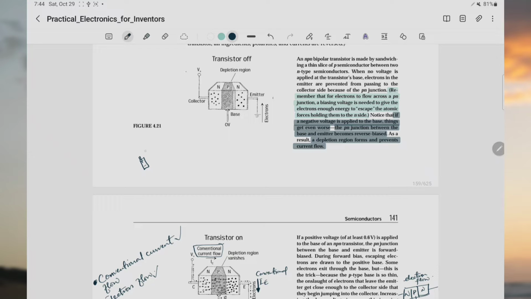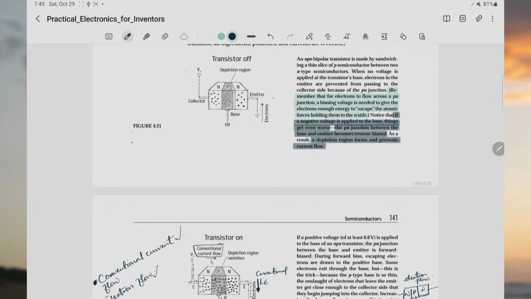If you have a battery, plus and minus, and then I have a bulb connected this side, this direction of flow is considered the conventional current flow. Then this direction of flow is considered the electron flow, because the electrons are flowing from here to here, but the positives are flowing from the positive terminal to the negative, and that is called conventional current flow.